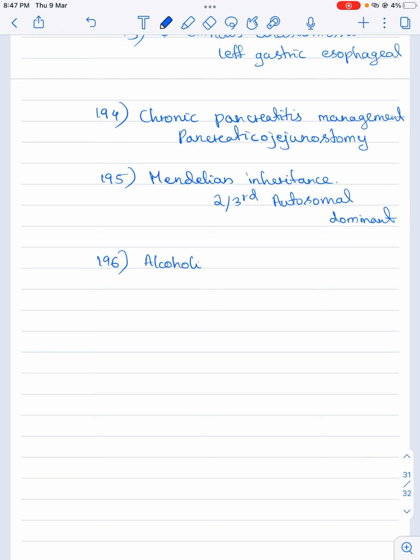Alcoholic patient with gout. This one again is a controversial one. So it can be either high lactate and high urate, or it can be low NADH/NAD ratio.